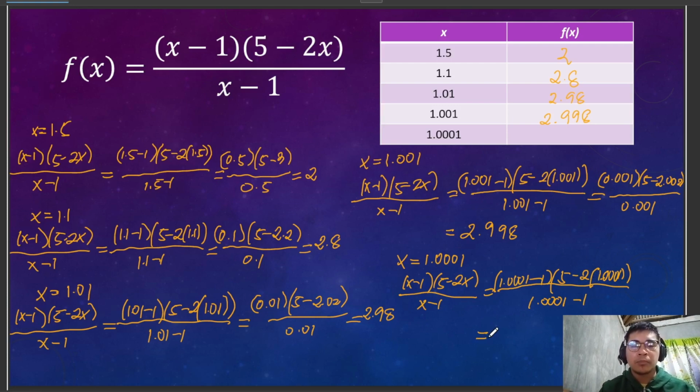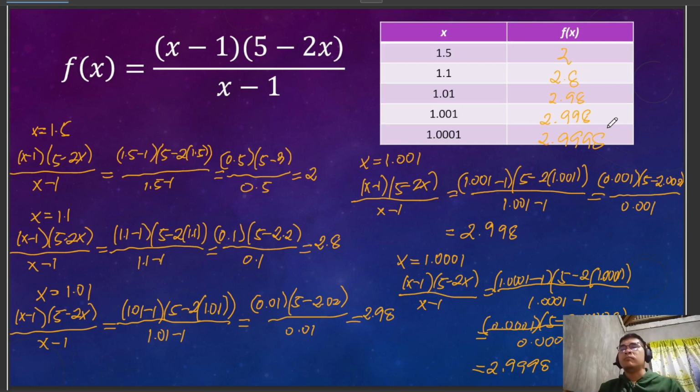So 1.0001 minus 1 is 0.0001. 5 minus 2 times 1.0001 is 2.0002, over 0.0001. So what is now the final answer? 5 minus 2.0002 is 2.9998. Okay, so again, just substitute.